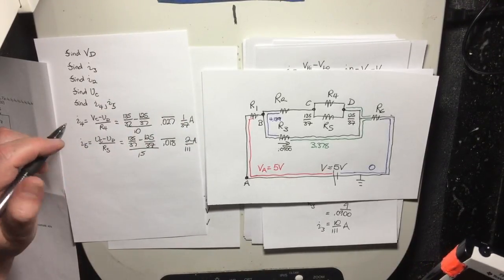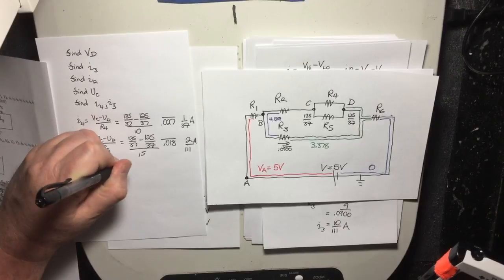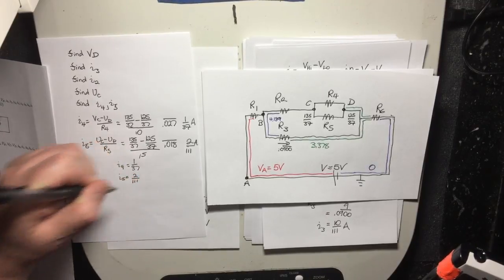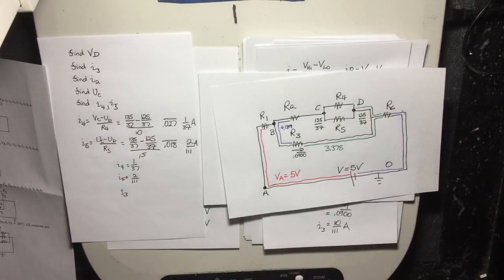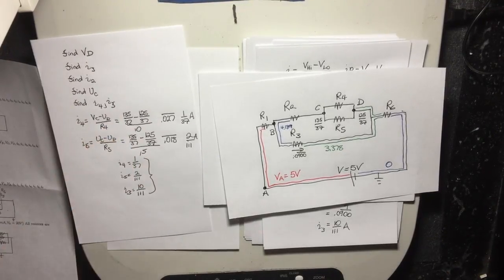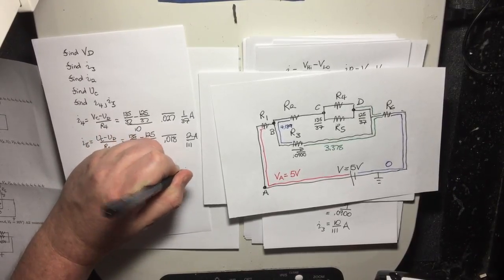And the interesting thing is, if you take I4, which is 1/37, I5, which is 2/111, and you take I3, which is 10/111, you get 5/37, which is I0.